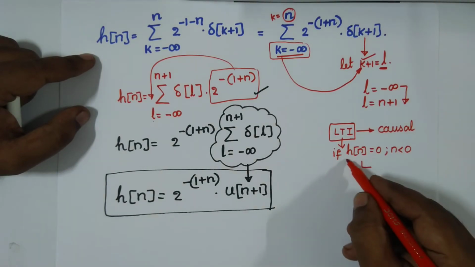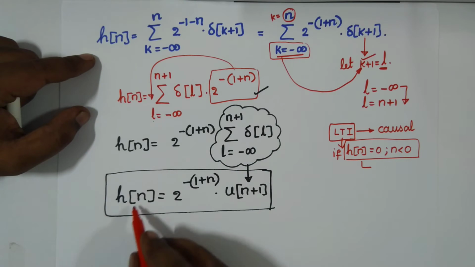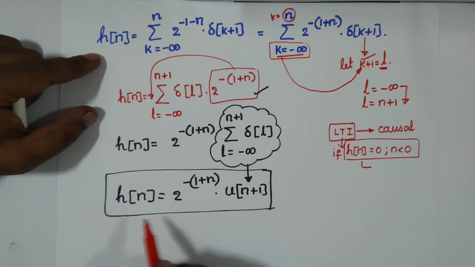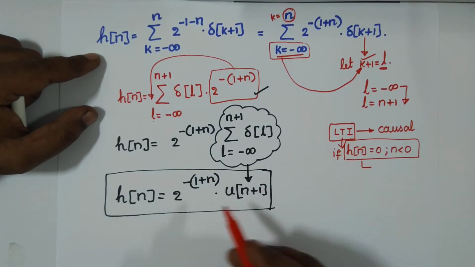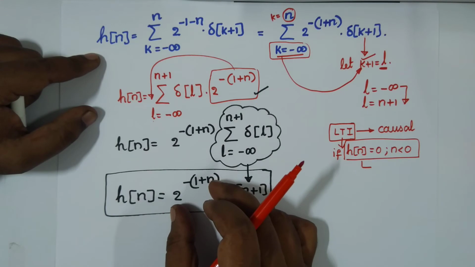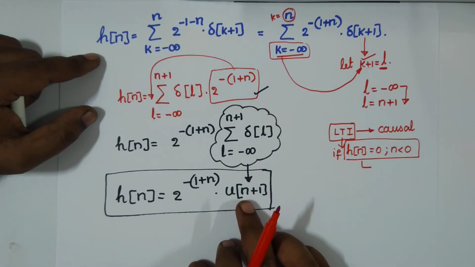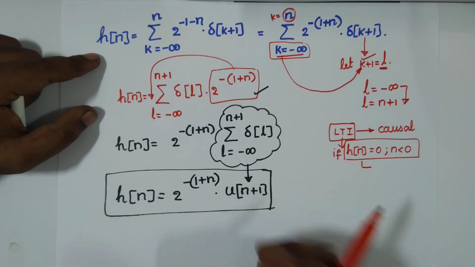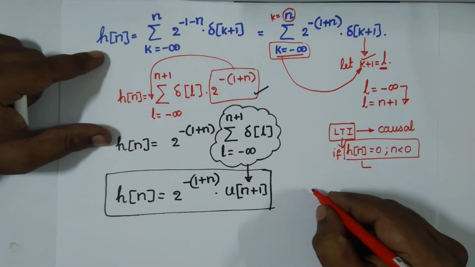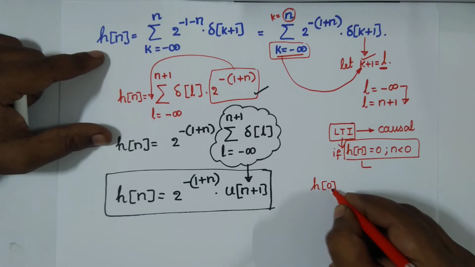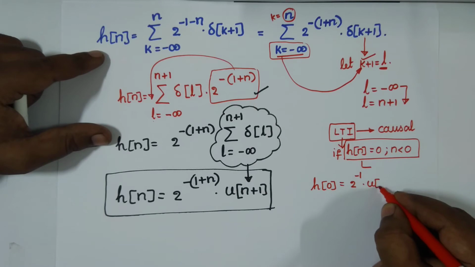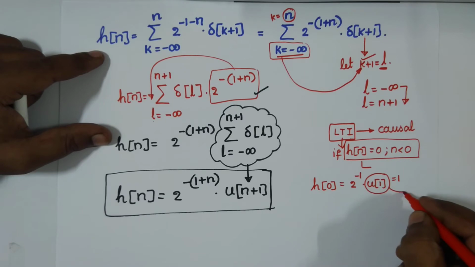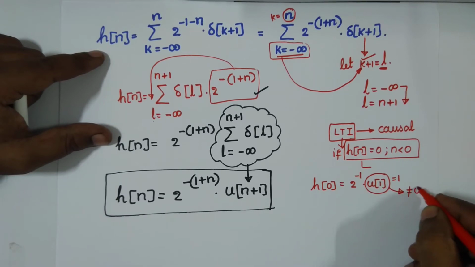Now we will check whether this condition is satisfied or not in this case. If I take h of 0, n equal to 0, there is no significance of this. So if n equal to 0, I get 2 power minus 1 multiplied by u of 1, and u of 1 is equal to 1, which is not equal to 0.